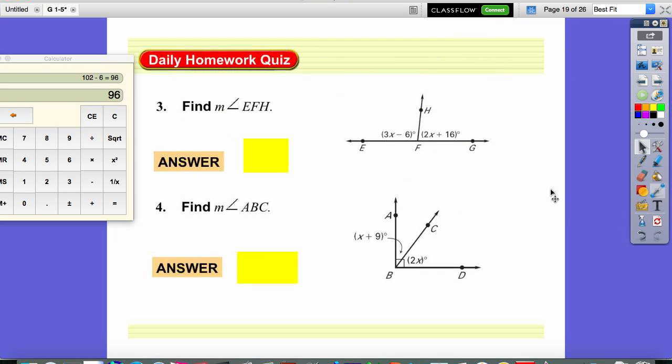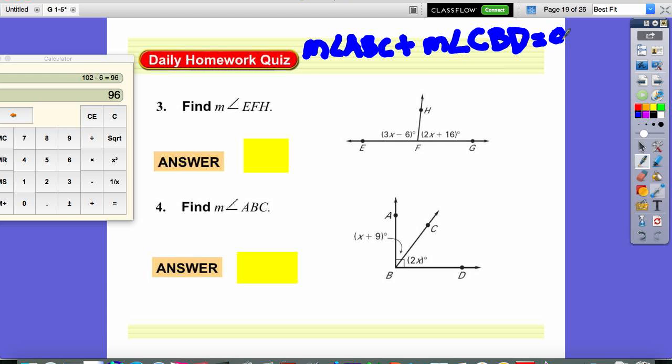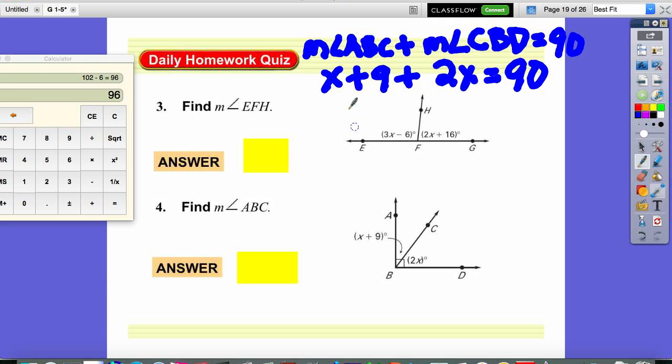And now we want to find the measure of angle ABC. So the measure of angle ABC plus the measure of angle CBD is equal to 90. That's the definition of complementary, and we can see we make a right angle there. So x plus 9 plus 2x equals 90. That's substitution.